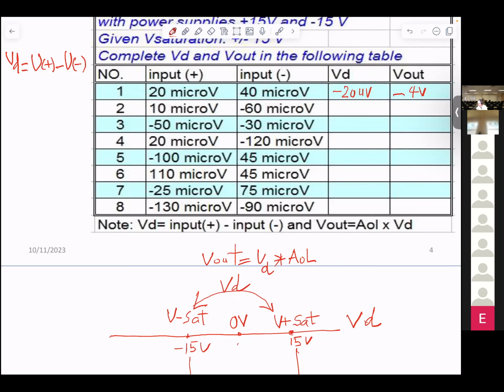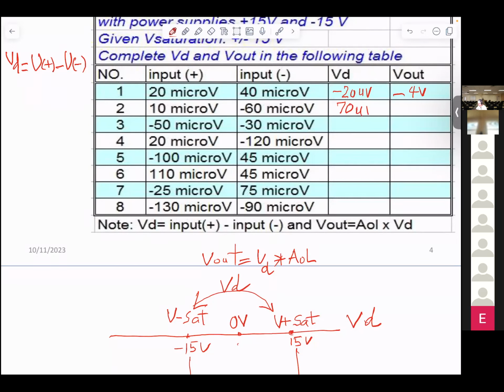Okay, now you do number 2 for me. So minus the plus. It's 60, 70. So VD would be 70, because 10 minus a minus 60, minus a minus is a plus.